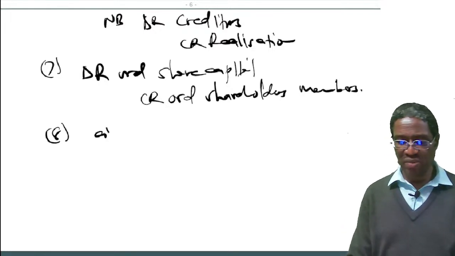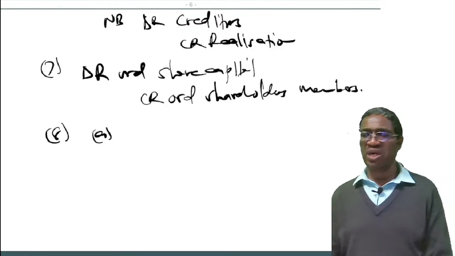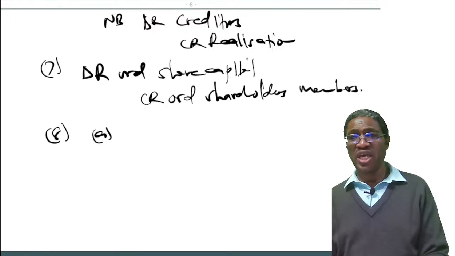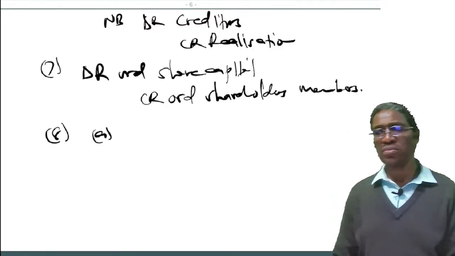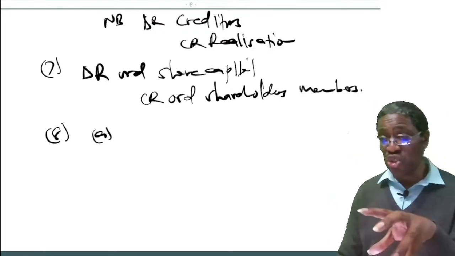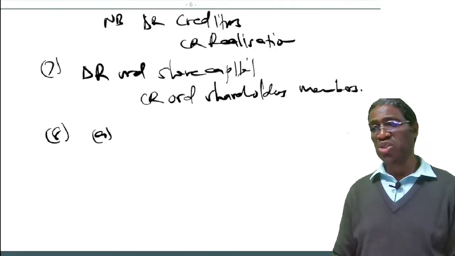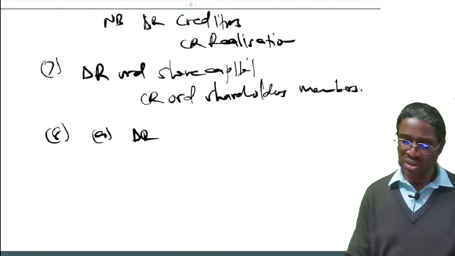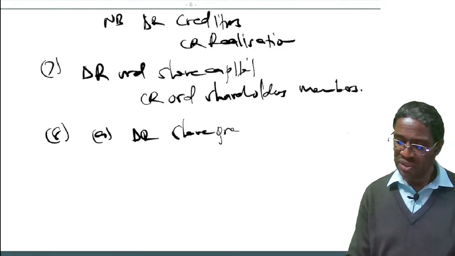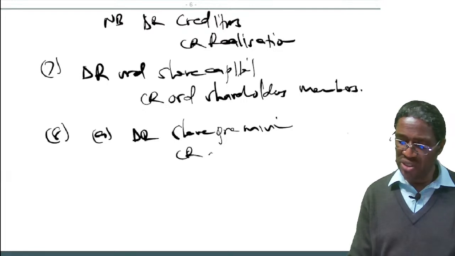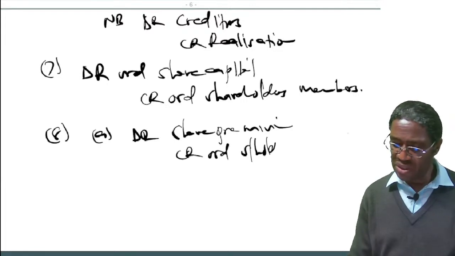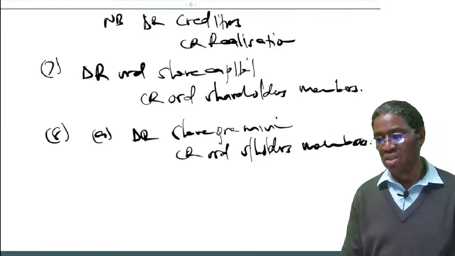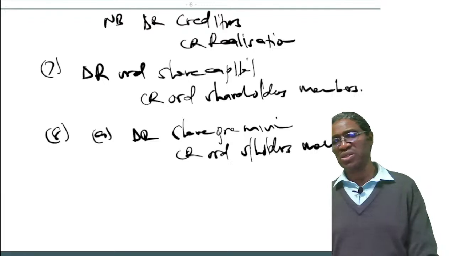Then below that you say number A: if positive reserve, e.g. share premium, debit share premium, credit ordinary shareholders members.